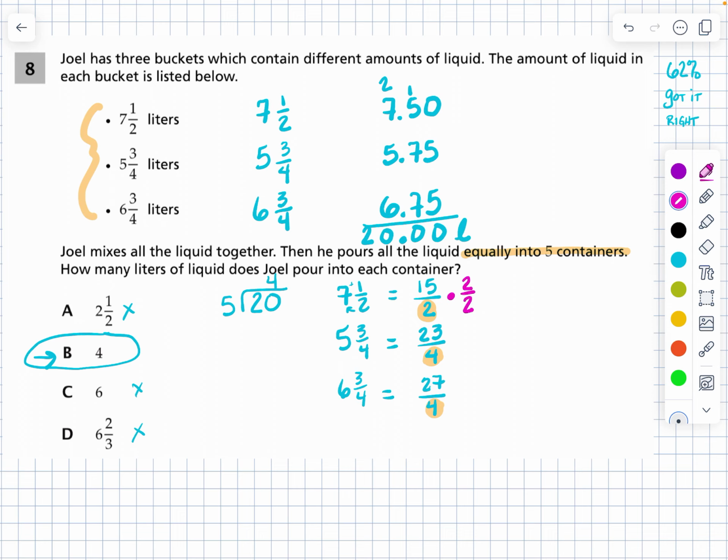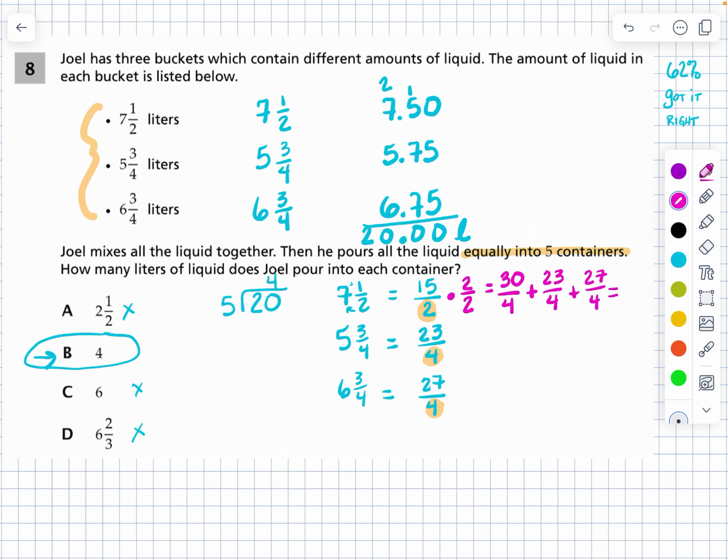I'm just multiplying it times 1 to get it in a form that has a common denominator with the other 2. So 2 times 15 is 30, and 2 times 2 is 4. So now we've got 30 over 4 plus 23 over 4 plus 27 over 4.